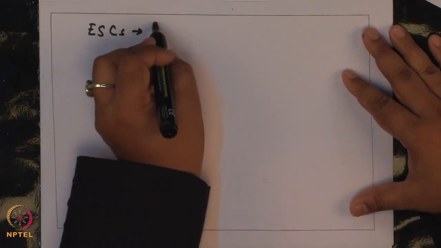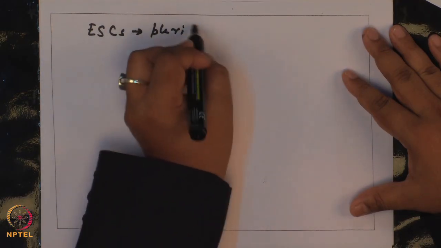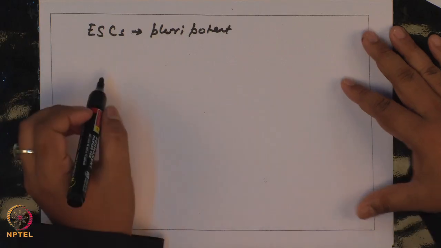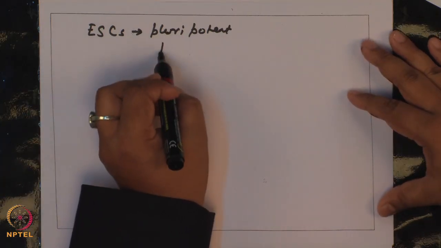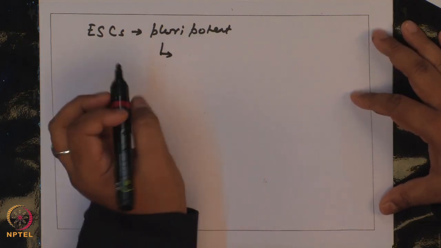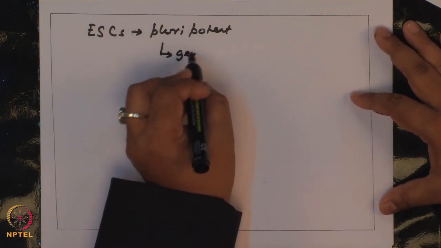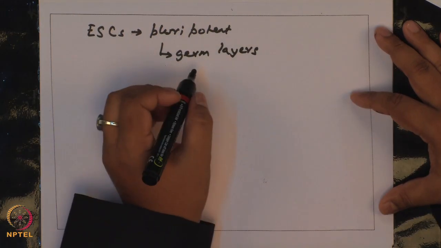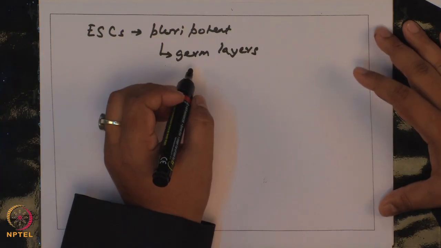If you compare ES cells with adult stem cells, ESCs are called pluripotent because they have the potential to differentiate into cells of the 3 germ layers.